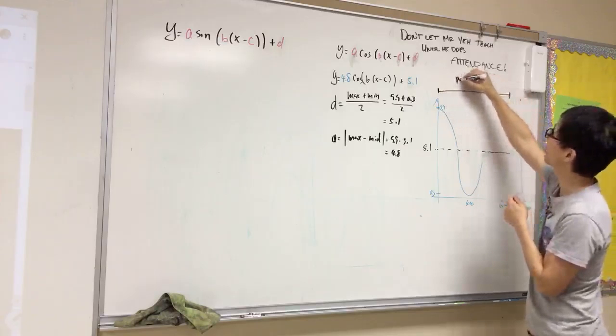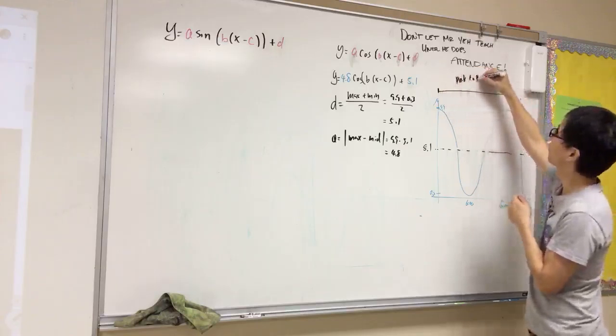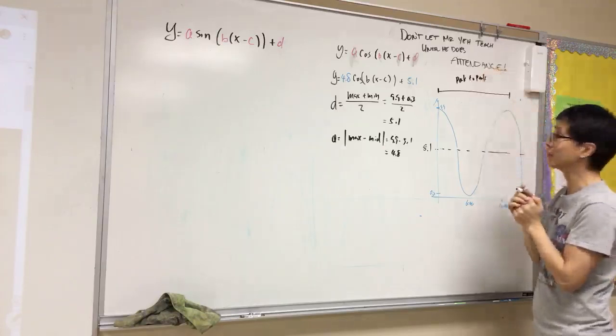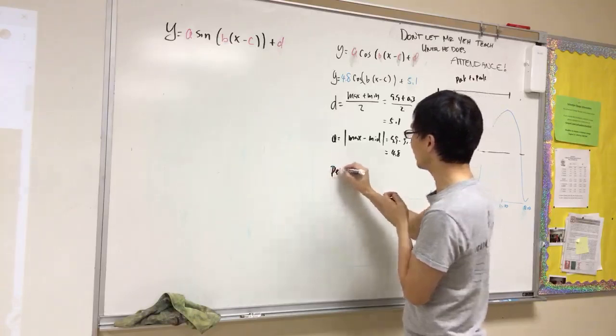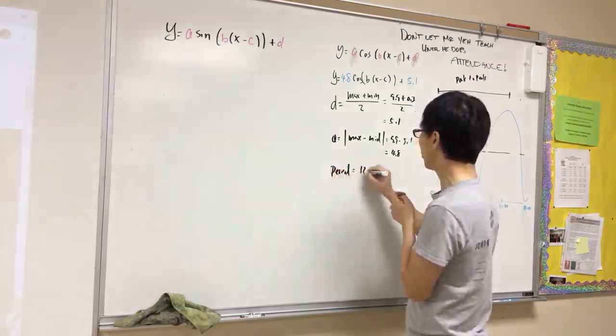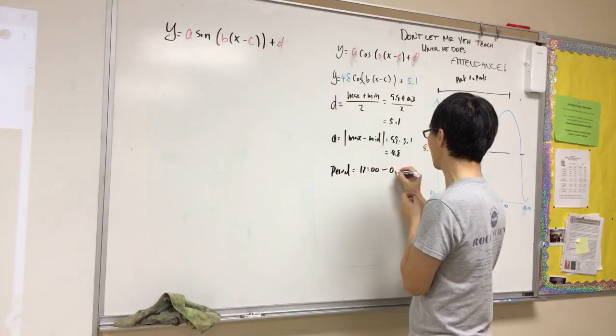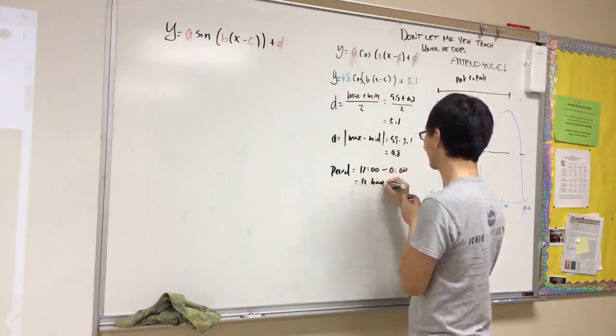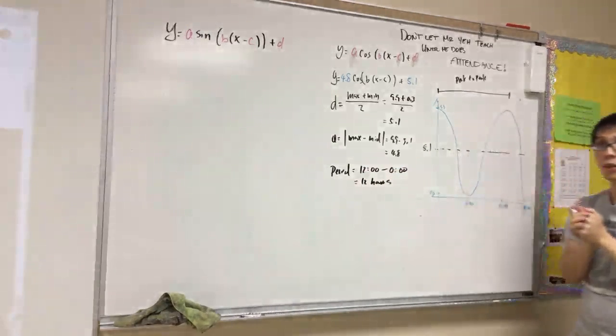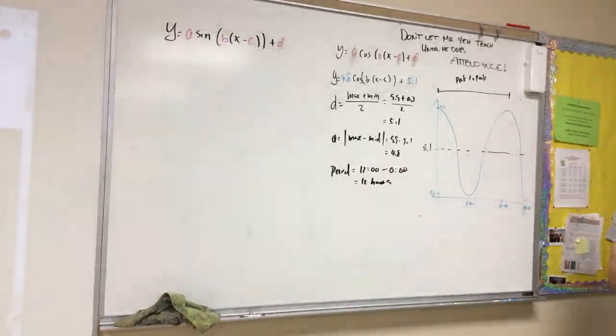Peak to peak. So this one's 12. So a period is equal to 12 o'clock, subtract 0 o'clock. So that's equal to 12 hours. So I can say that's 12 hours, that's the period, but that's not B though, right?